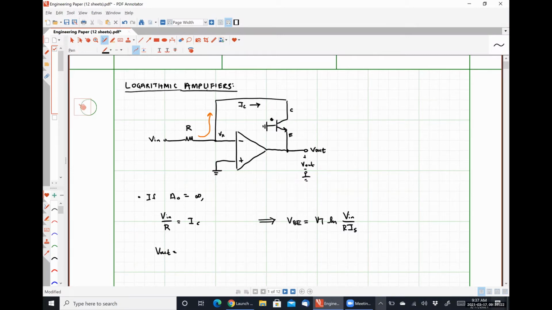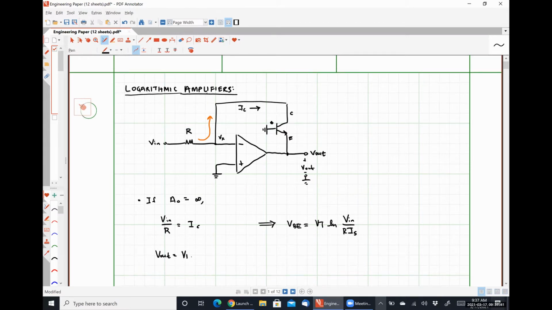The negative polarity terminal is inherently at ground. So V out is the exact same thing as VEB, because the base of our transistor is connected to ground. So V out is VEB, which is the exact same thing as negative VBE, right?